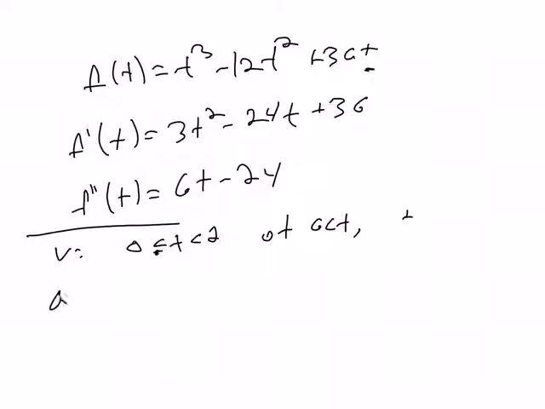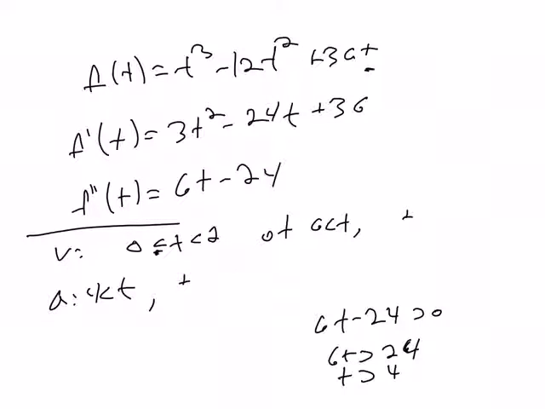For the acceleration, we want 6t minus 24 to be greater than 0, so 6t greater than 24, or t greater than 4. So when t is greater than 4, the acceleration is positive. In all other cases, the velocity is negative or the acceleration is negative.